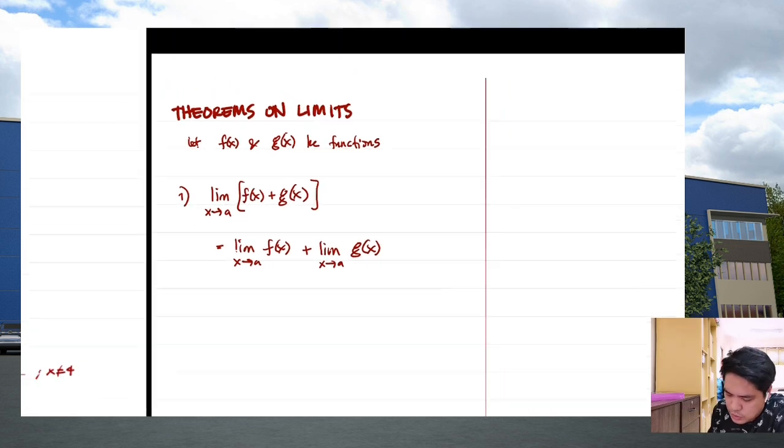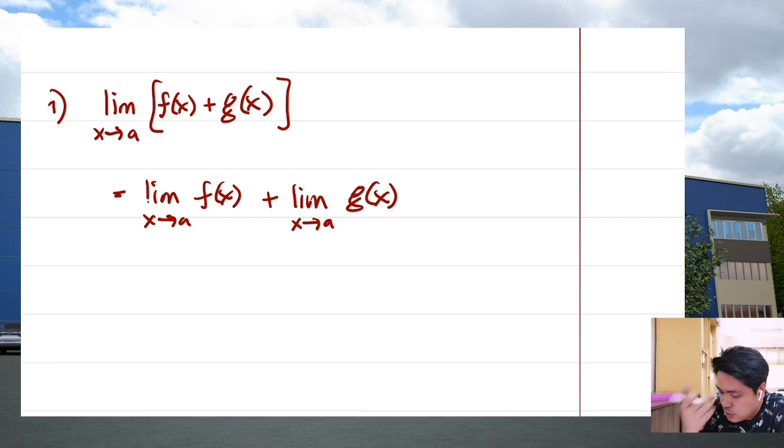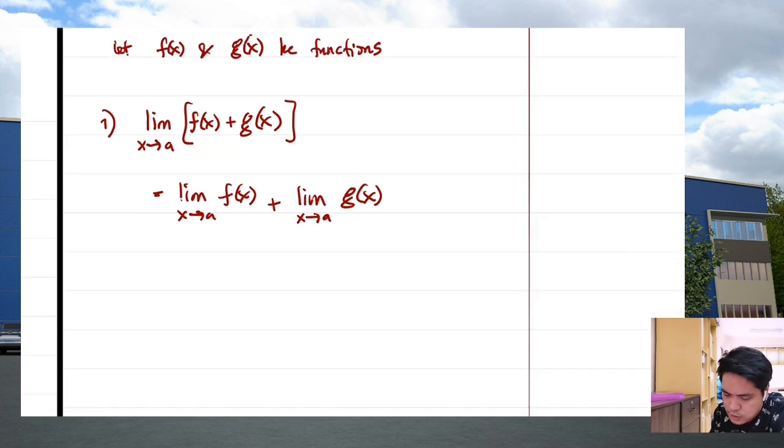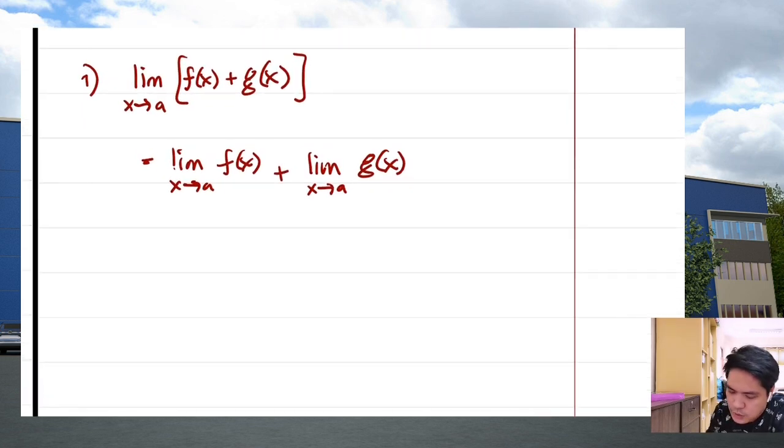So therefore, the limit of the sum or difference of two functions, it could also be difference because it's just an additive inverse, the limit of the sum of two or more functions is just equal to the sum of the limits of the functions. So that goes the same with difference.